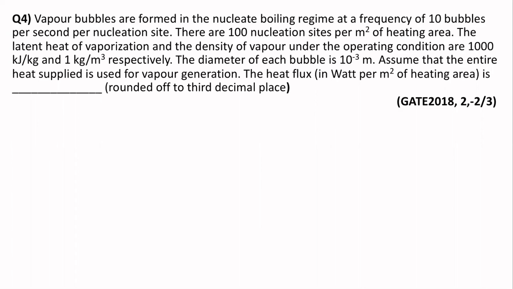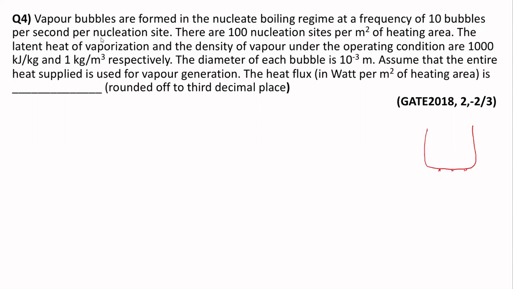The question reads as follows: vapor bubbles are formed in the nucleate boiling regime. They have already specified what the nucleate boiling regime is, in which vapor bubbles form, and they are given the frequency as well of 10 bubbles per second per nucleation site. If you have a vessel like this, on the heating surface area there will be various sites wherein nucleation will form.